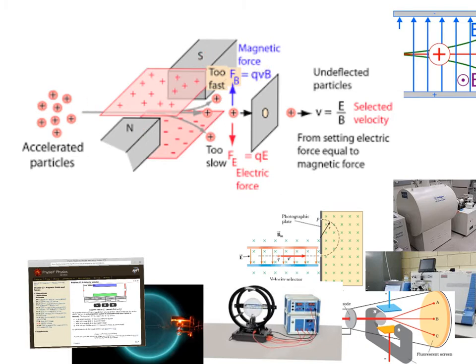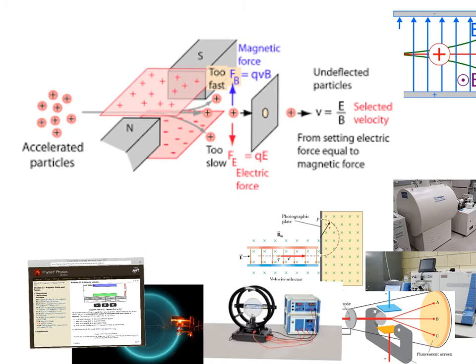So if particles go in with different velocities, the slower one is going to have a weaker force and it's going to bend down. The one that comes in fast will have a bigger magnetic force and it'll bend up. And there'll be just one velocity at which the particle goes straight through. That's why it's called a velocity selector.